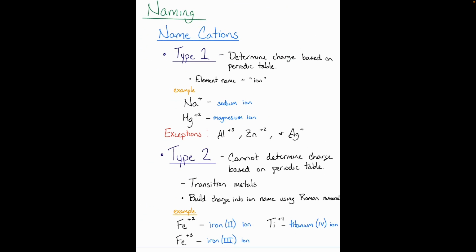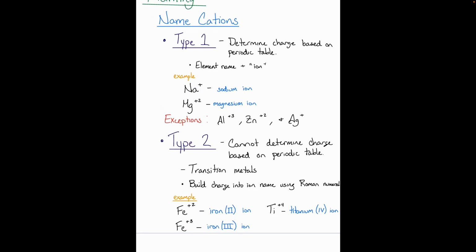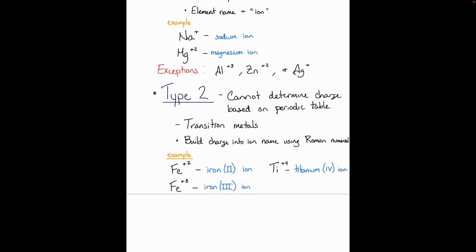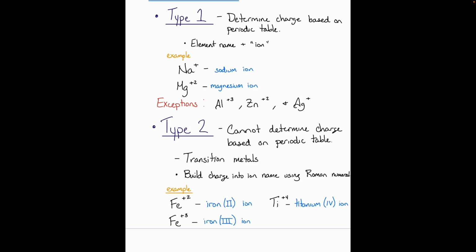All right, cool. So now we got our naming of our cations down. Just the element name for type 1. If it's type 2, it's the element name followed by that charge information. Now we're going to learn how to name our anions.